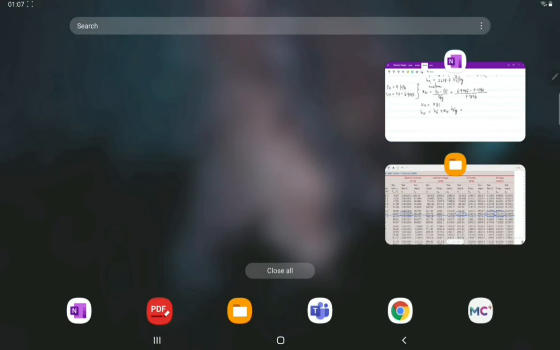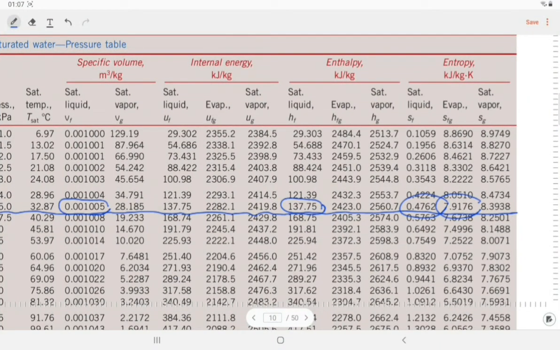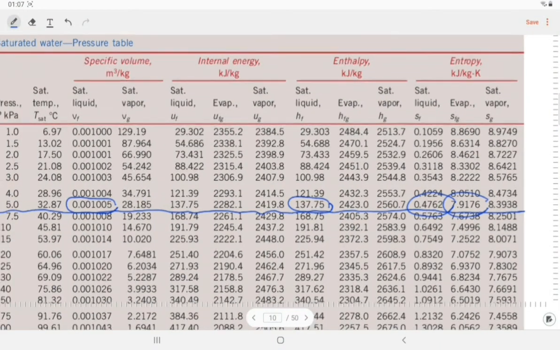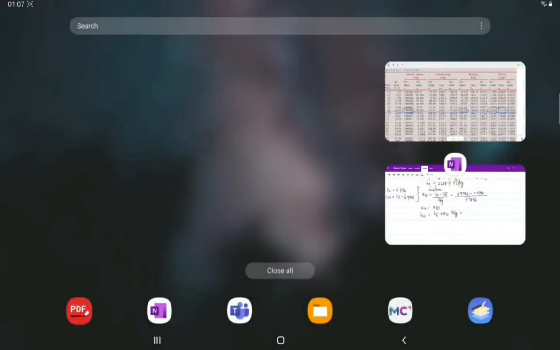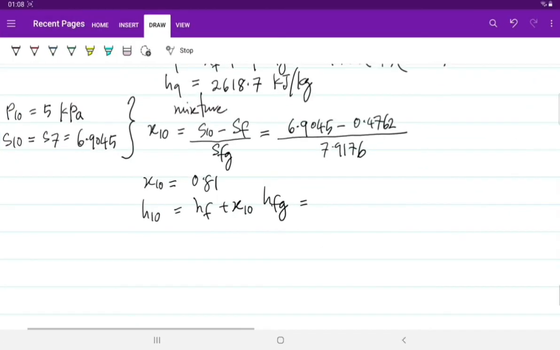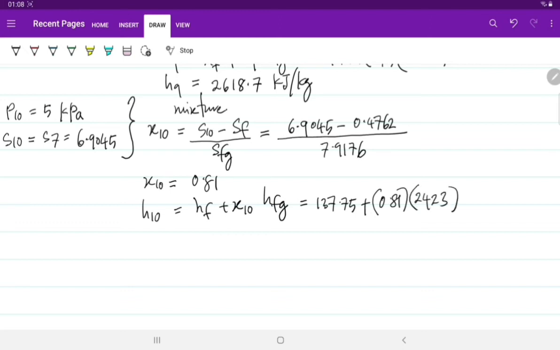HF here 137.75, plus 0.81, HFG 2423 from the steam table.